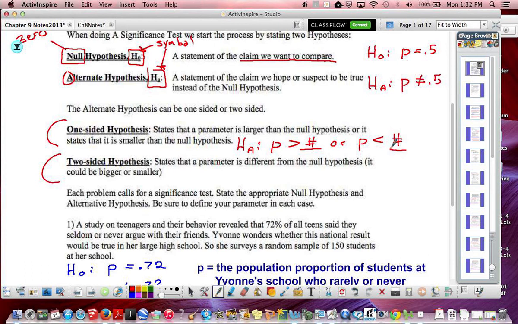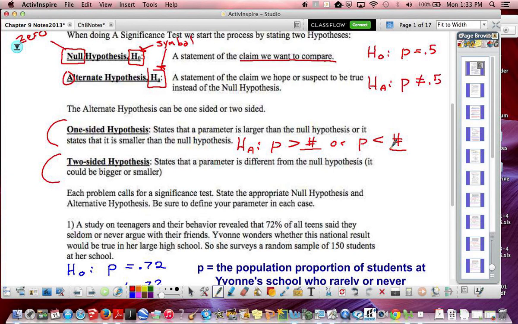So if the problem with the coin tossing said we're getting a higher proportion of heads, we would say greater than. If it said we suspect a smaller proportion, we'd say less than. So there'll be problems where we'll suspect it to be higher or lower, greater than or less than.